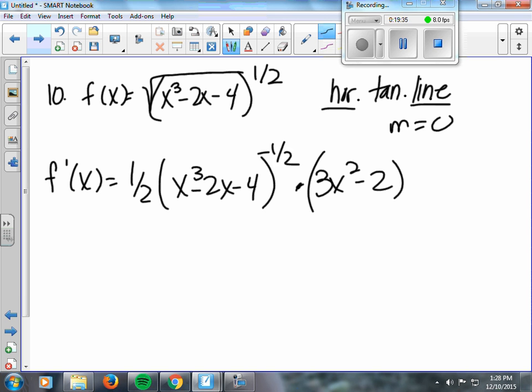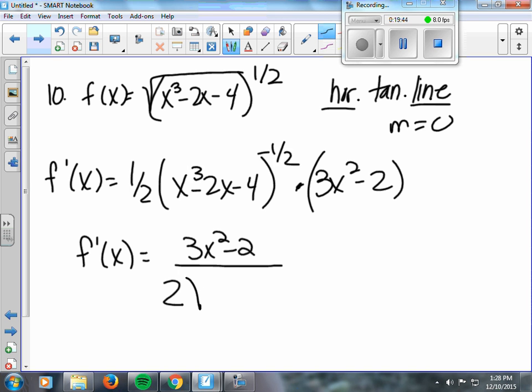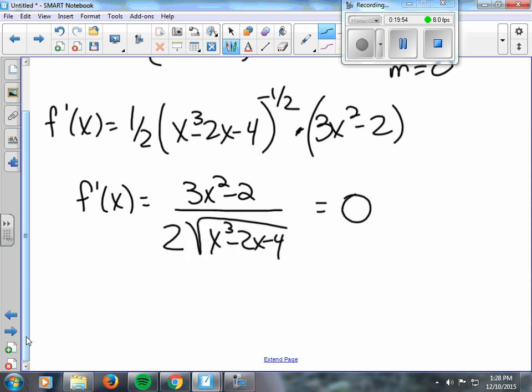That needs a parenthesis. Okay, so to clean this up, my derivative has a numerator of 3x squared minus 2 and a denominator of 2 square root of x cubed minus 2x minus 4. I want to know when this derivative is equal to 0 because those are the places where the tangent line is horizontal.